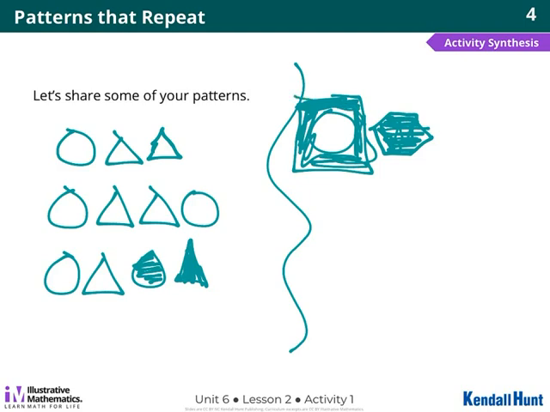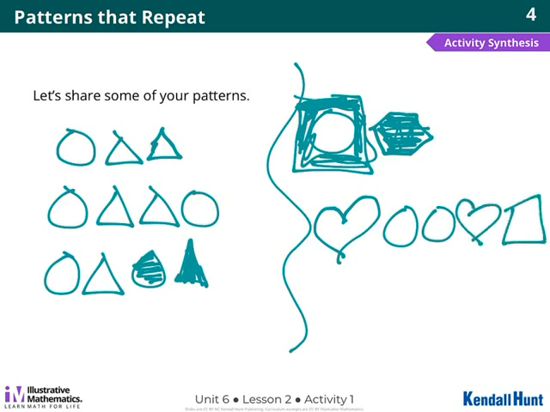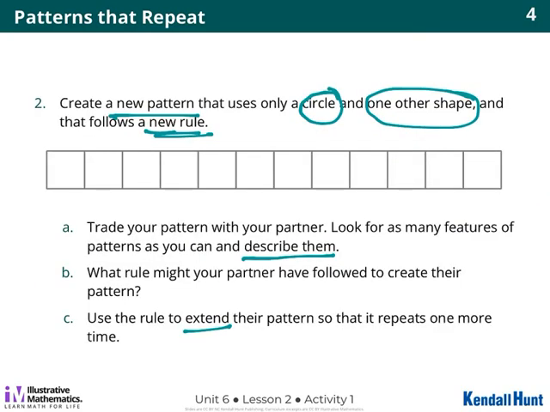Bella. I did heart, circle, circle, heart, square, heart. You can only add one shape. Yeah, you could only add one shape. It says create a new pattern that gives you only a circle and one other shape.